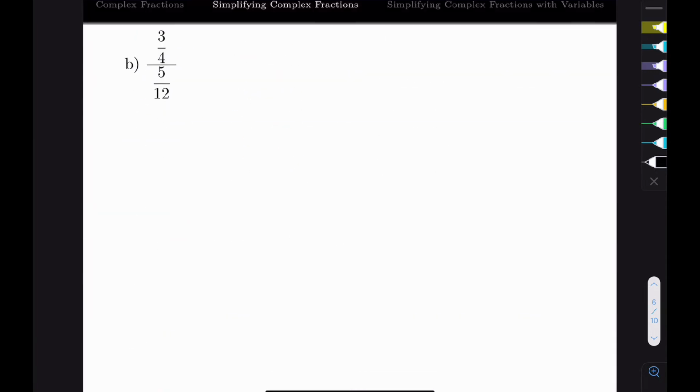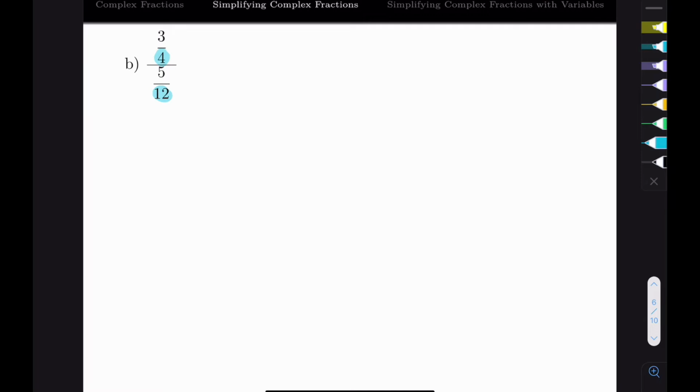Let's try the other way for the second problem. So here we have 3/4 and 5/12. What I want to do is wipe these fractions. So I want to figure out what number I can multiply the top and bottom by that will clear these out.